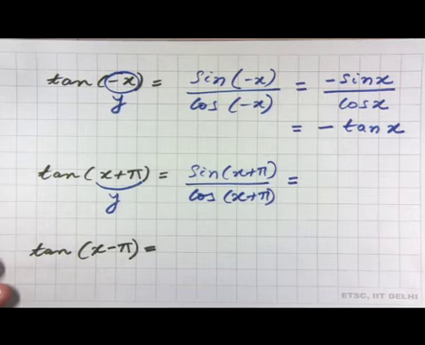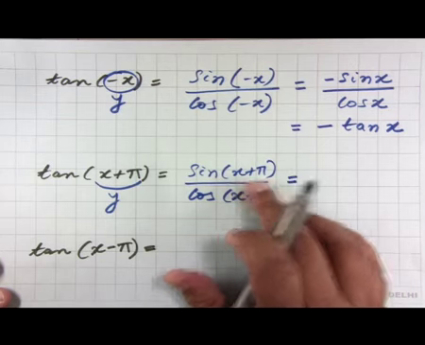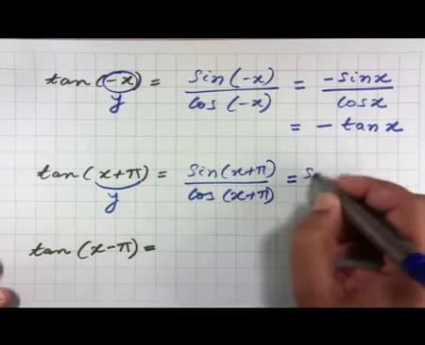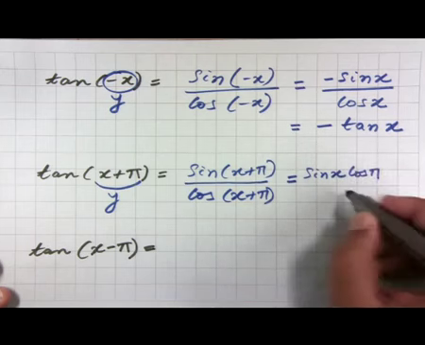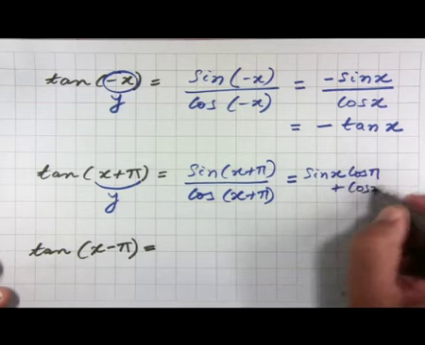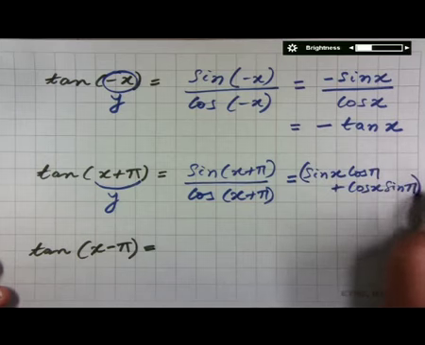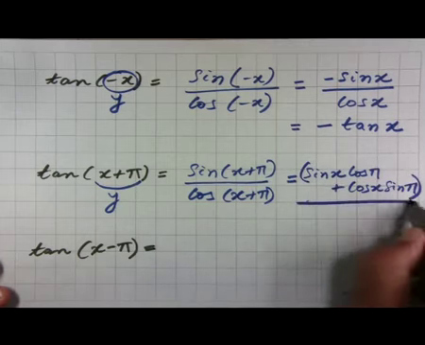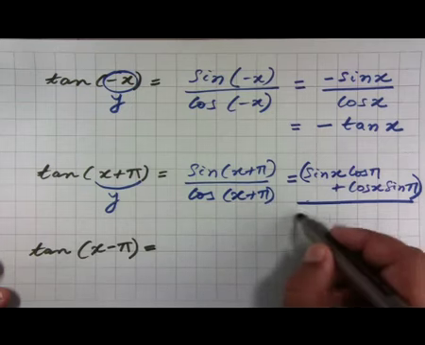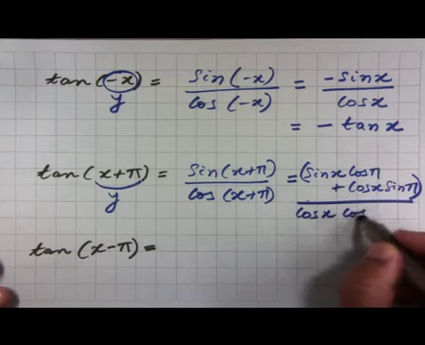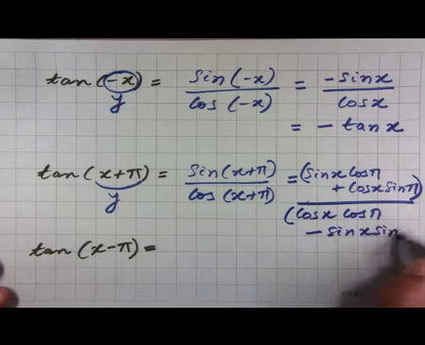Now, sine of x plus pi is equal to, and you can again use the formula for sine of x plus y, sine x into cos y plus cos x into sine y. And cos of x plus y is cos x cos y minus sin x sin y.